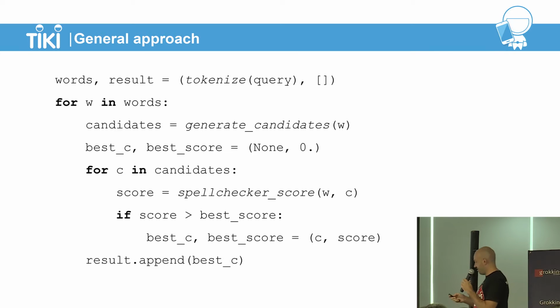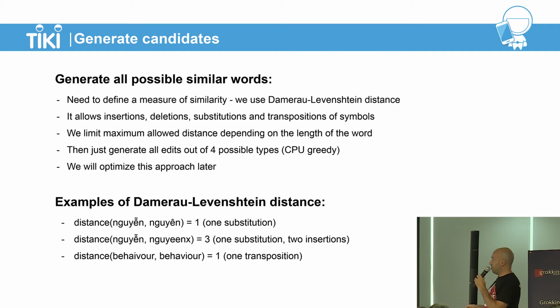Okay, let's go further. First of all, about generating candidates, which was this function. For each word in our input array of words, we generate all possible similar words. To do that, we have to define the measure of similarity. We use Damerau-Levenshtein distance for that.